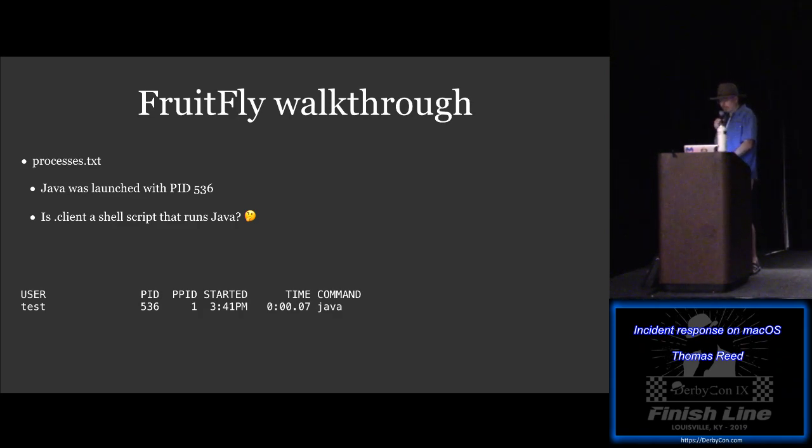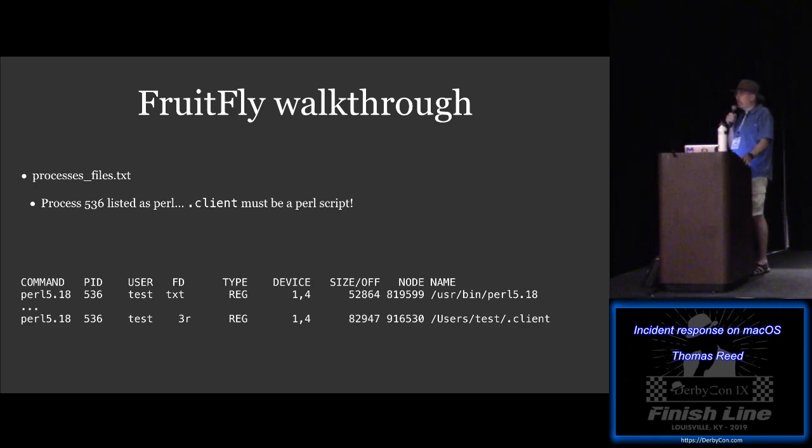Not sure yet. So we dig a little deeper and look in the file activity here. And we see that for that process ID, the file is actually listed here, and the command is listed as Perl. So that suggests this is a Perl script that's running and running Java.